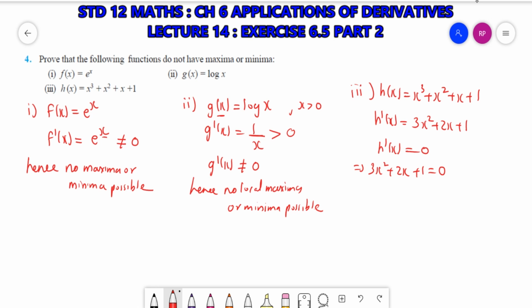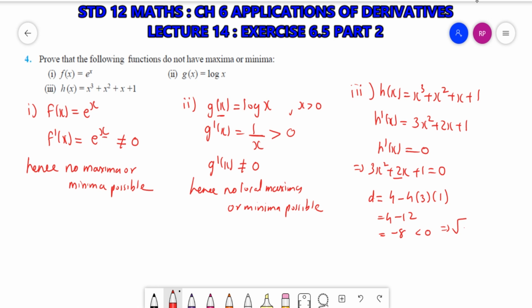Clear? To solve this, let's find the discriminant D, b square minus 4ac. What is b? 2, that is 2 square 4, minus 4 into a, 3, into c, 1. So this is 4 minus 12, that is minus 8, which is less than 0.